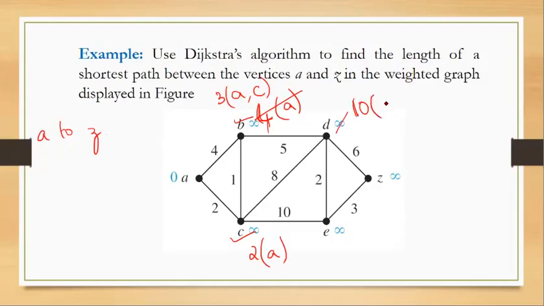What vertices am I traveling? A and C. The next is from C, I can even reach E. So this infinity will be cancelled, and 12 is the total distance, 2 plus 10, traveling the vertices A and C. From C, I cannot go directly to Z.